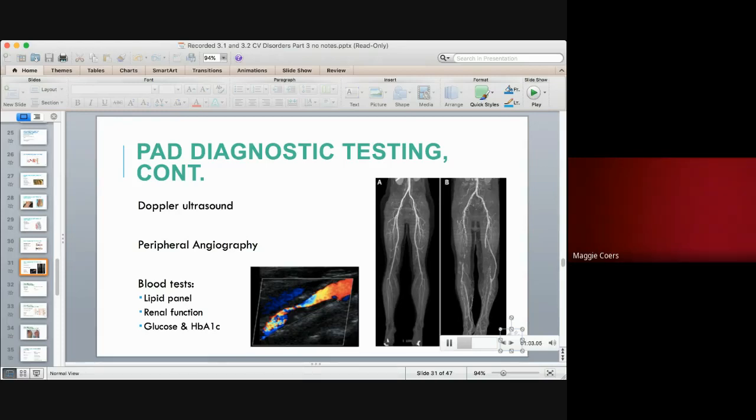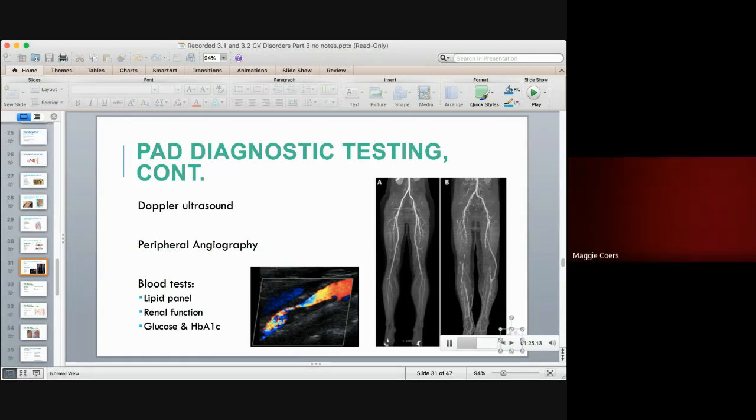So you have blood moving forward, and you have blood moving backwards and sloshing. You can also see in this picture where the blood flow gets very narrow. With a Doppler ultrasound, you can see in what vessel the occlusion is and how much blood is flowing through those vessels.